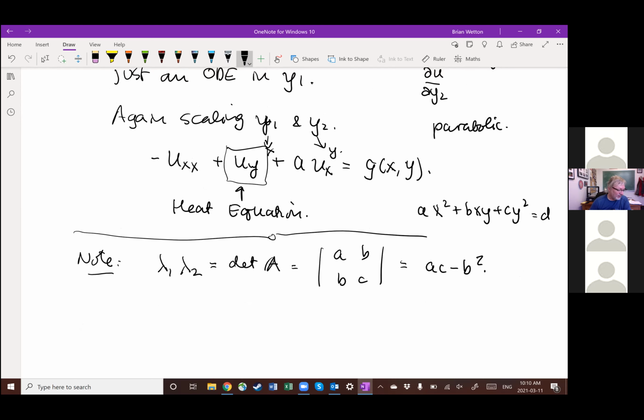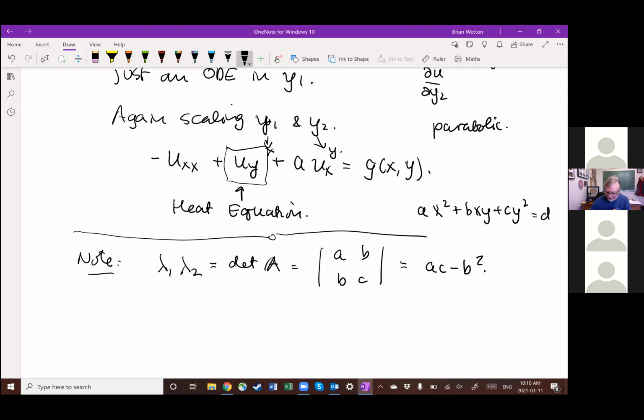If that's positive, then you know the two eigenvalues have the same sign. If it's negative, they have opposite sign. If it's 0, then you know that it's this parabolic type.